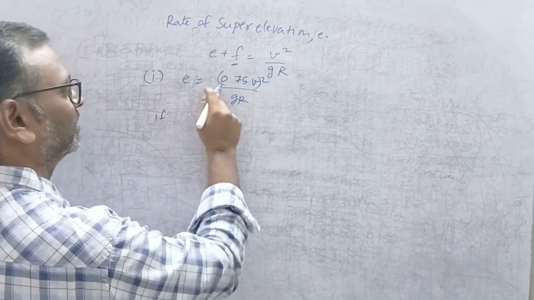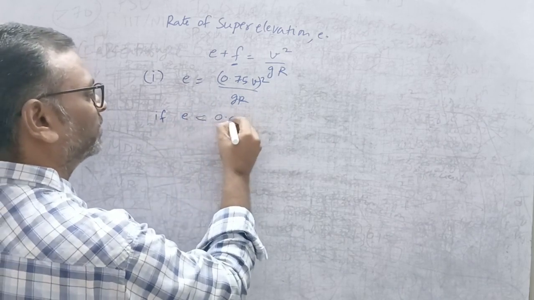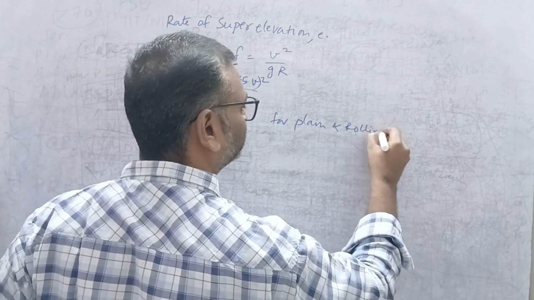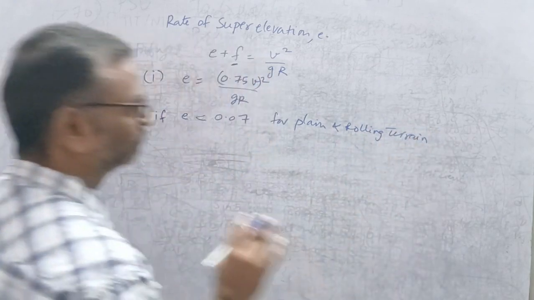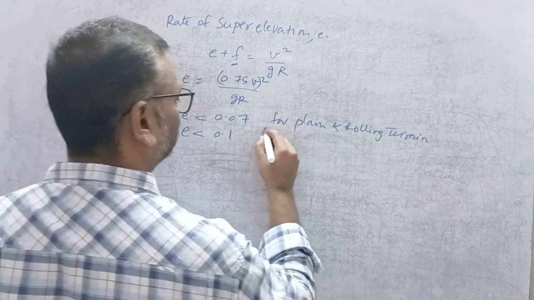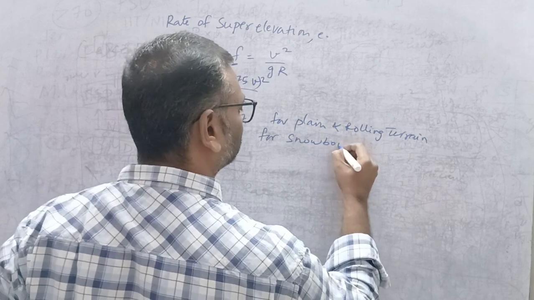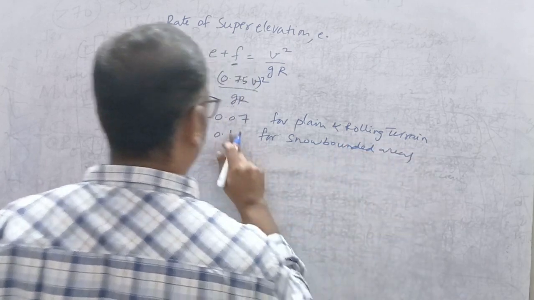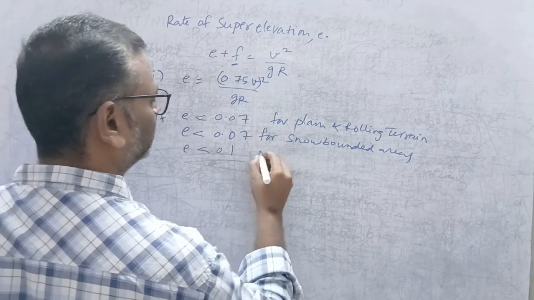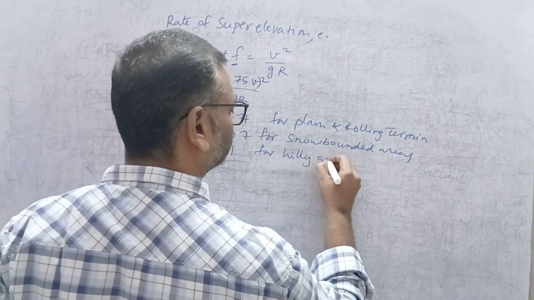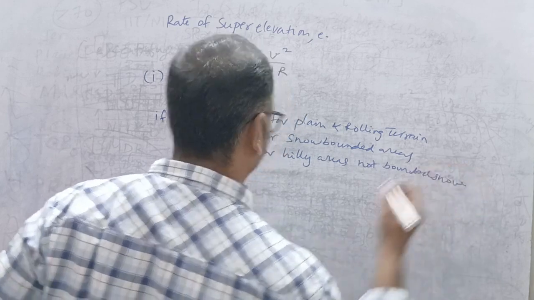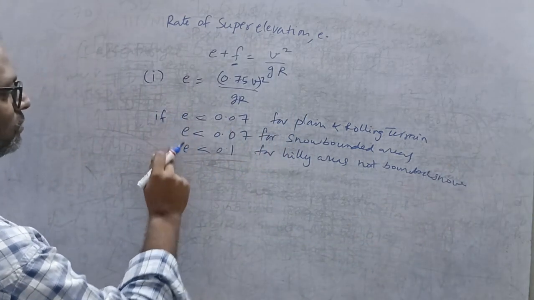If the calculated e is less than 0.07 for plain and rolling terrain, or 0.1, that is 10%, for snow bound areas, or 10% for hilly areas not bound by snow, these are the values that you should remember.